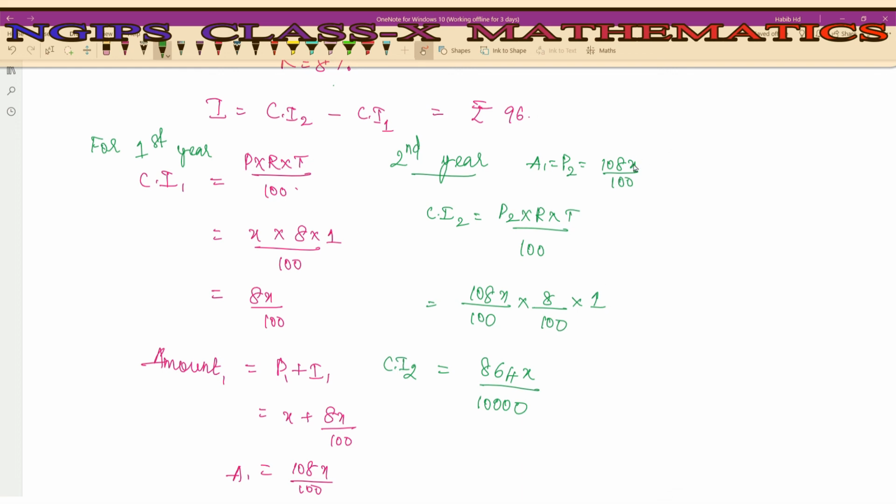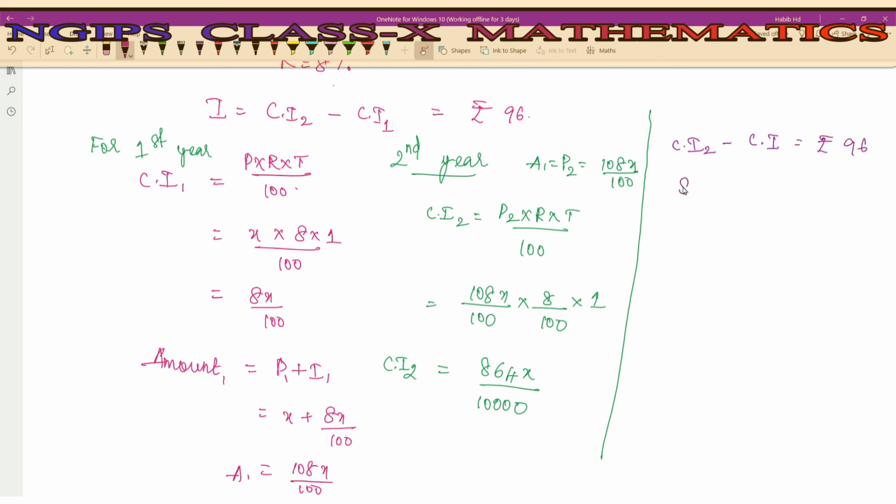Now we need to subtract, right? So when you subtract, second year compound interest minus first year compound interest is equal to rupees 96.